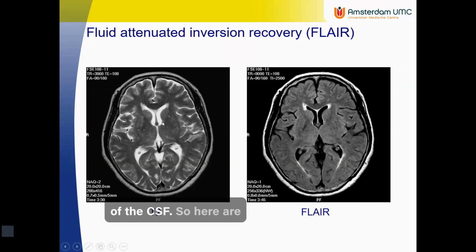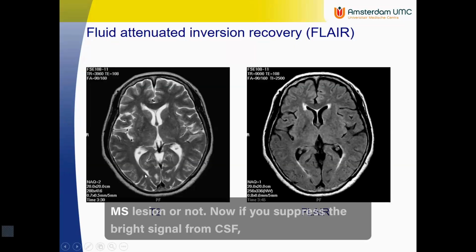So here at the edges of the ventricle, you see the extensions, a vaguely bright signal, but it's really hard to detect them because they are so close to the bright signal of the CSF. So is it signal from CSF or not? Is it a lesion? The same here on the backside of the brain. Here you also see an extension of the signal, but is that MS?